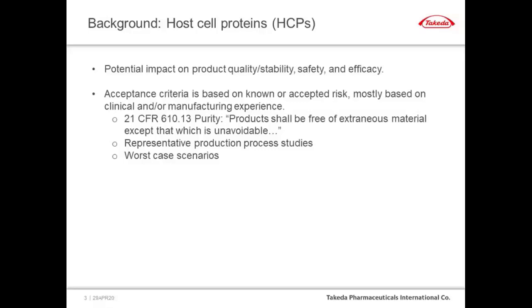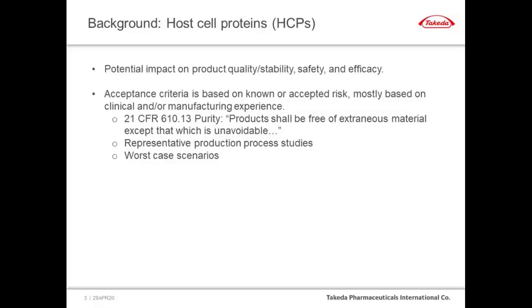So if that's the case, what are the accepted ranges, or in other terms, what is the threshold defined by FDA? Actually, there isn't a clear number, but as you can see, it basically says to remove HCPs as much as you can.